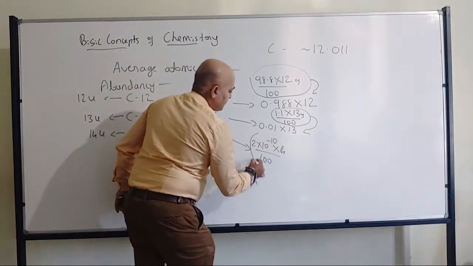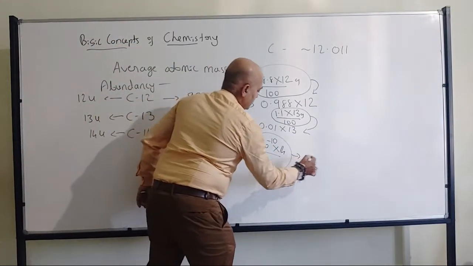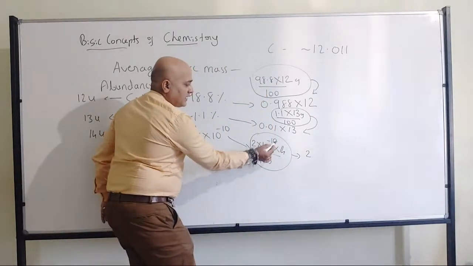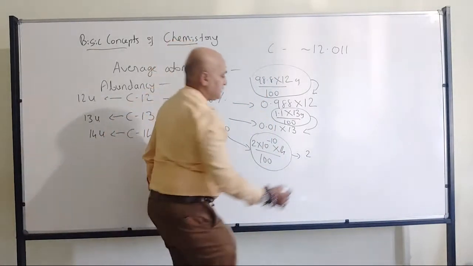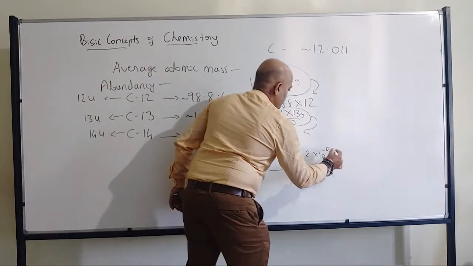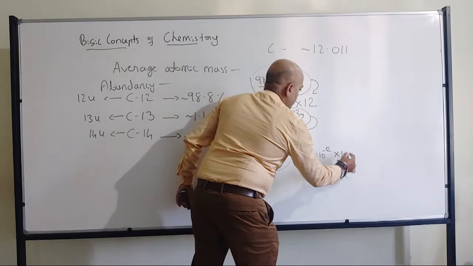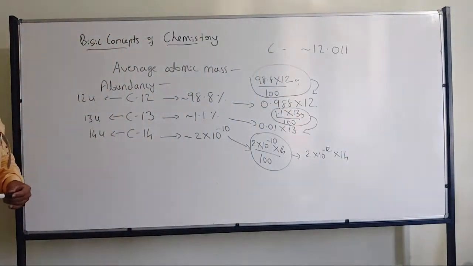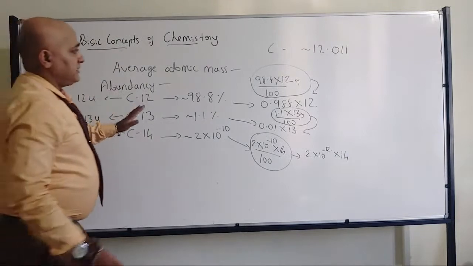It will give the value 2 into 10 to the power of minus 10 divided by 100, that means 2 into 10 to the power of minus 12, multiplied by 14. All of you have understood?